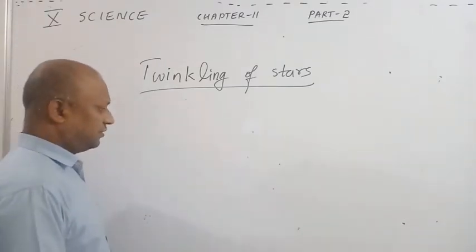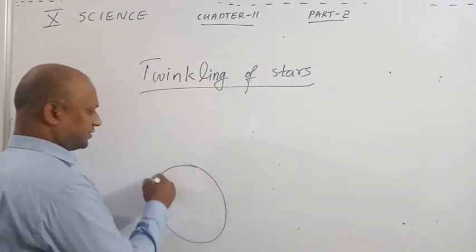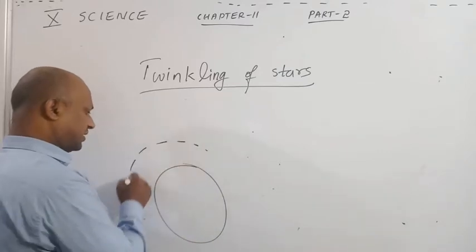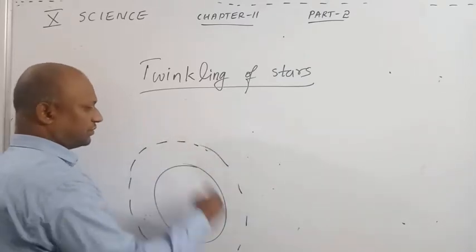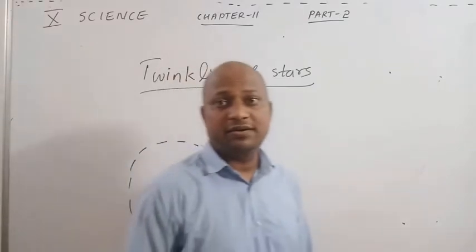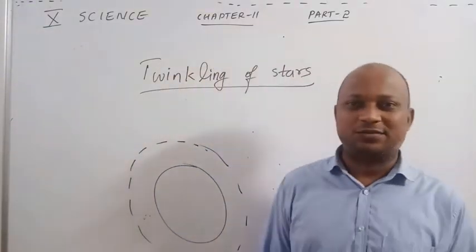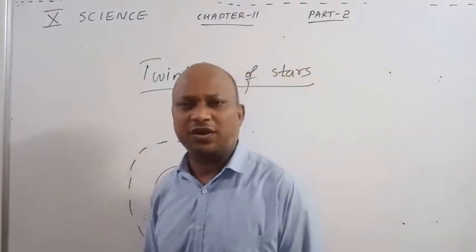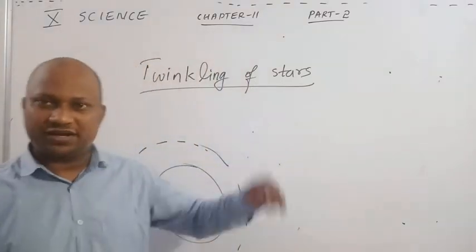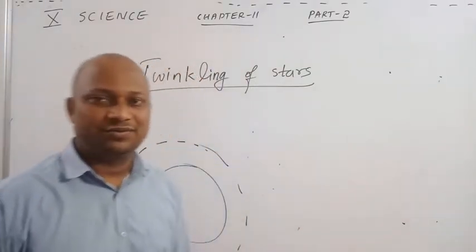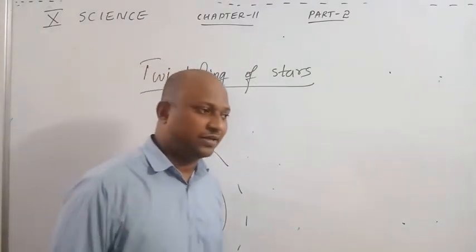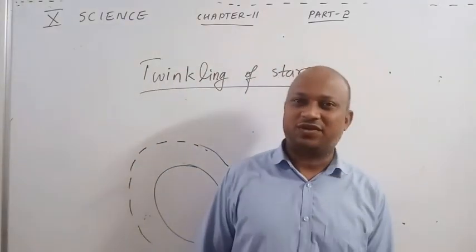So we are on the surface of the earth, and earth has an atmosphere over almost 500 kilometers, but the thick atmosphere is very few kilometers only, and then the atmosphere is very, very thin. Very, very thin means the refractive index is very, very less.